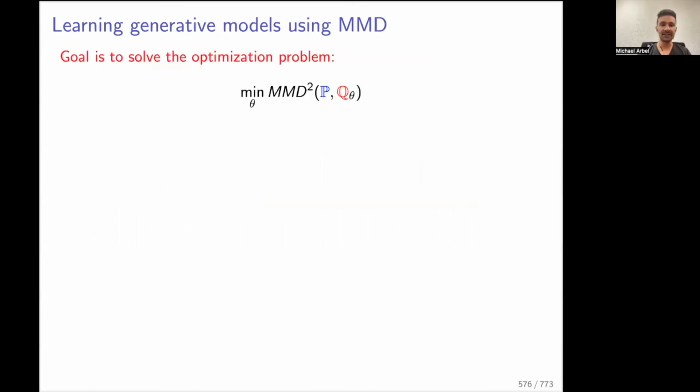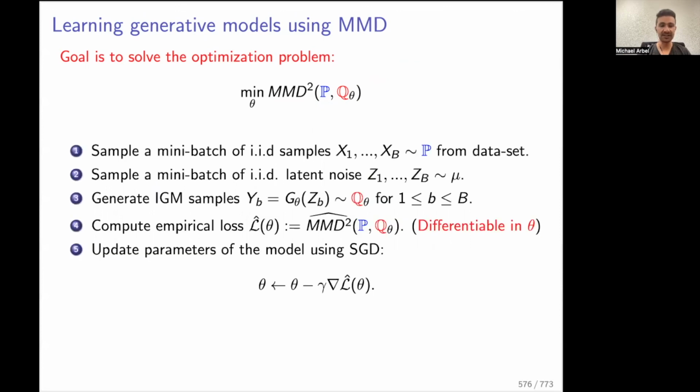So in this case, the problem becomes just to minimize the squared MMD under the parameters of the model. And there is a nice way one can do this, which is scalable and exploits the stochastic optimization framework.